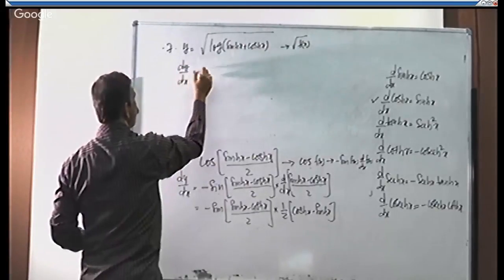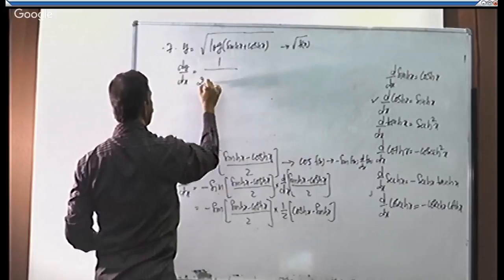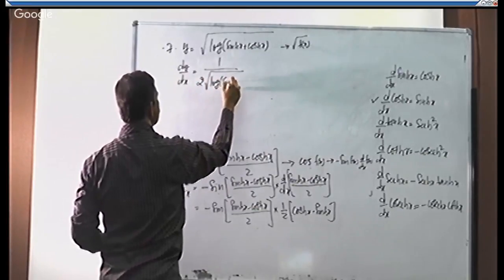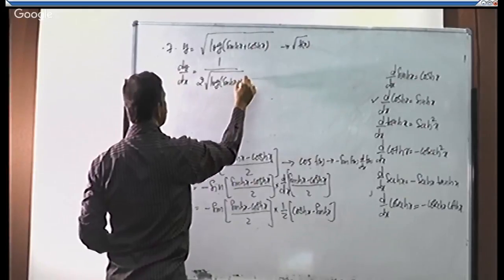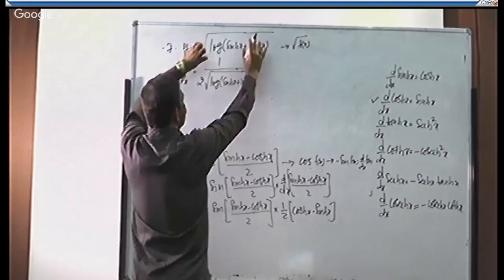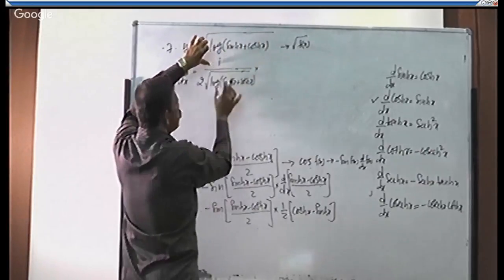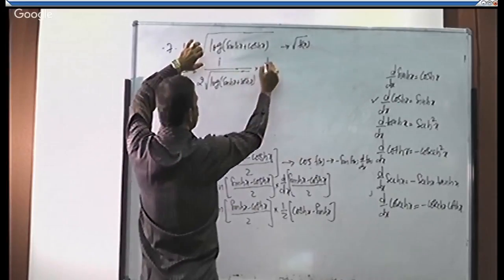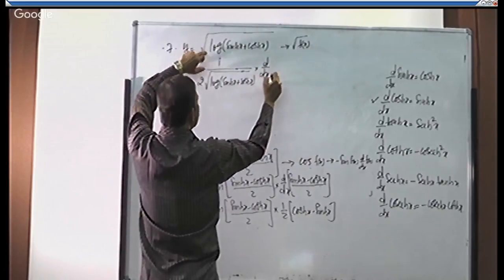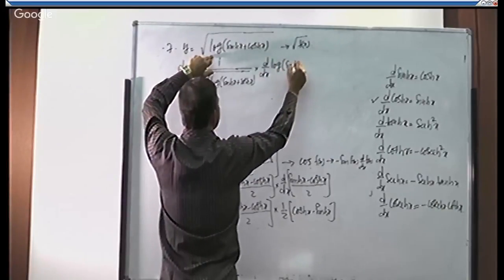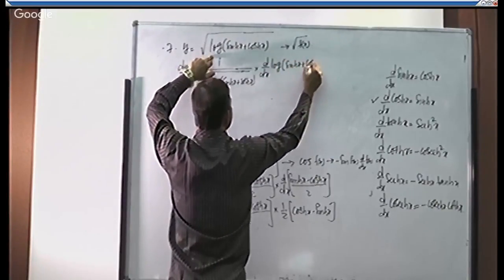It is 1 divided by 2 root of log of (sin hx plus cos hx) into what? Root x gets differentiation 1 by 2 root x, right? For root function, it is 1 by 2 root function into d by dx of function. D by dx of function, that is log of (sin hx plus cos hx).